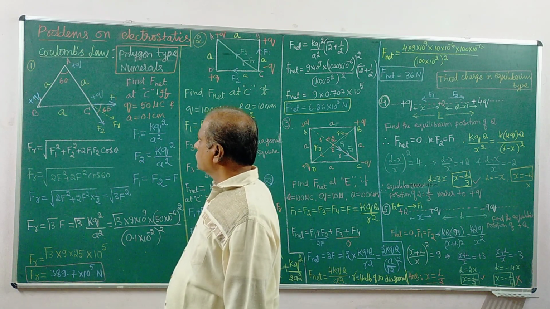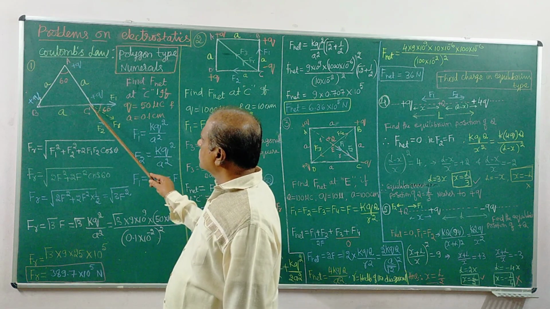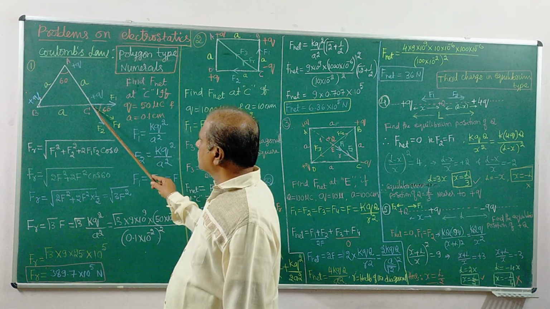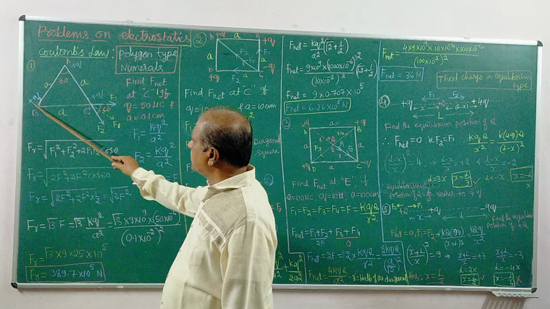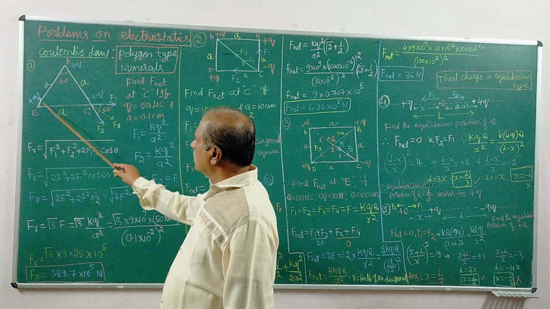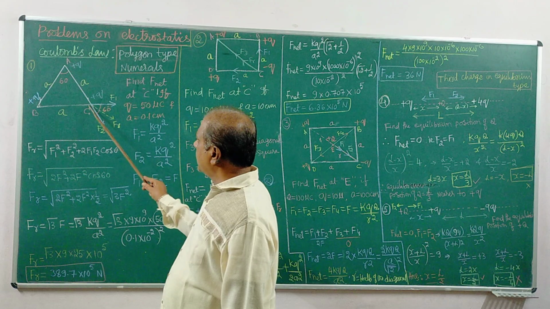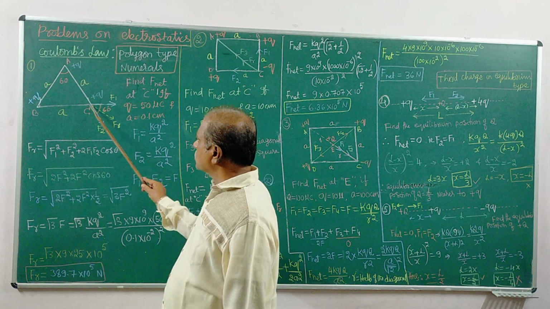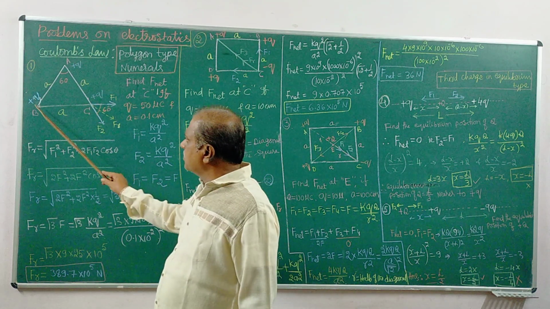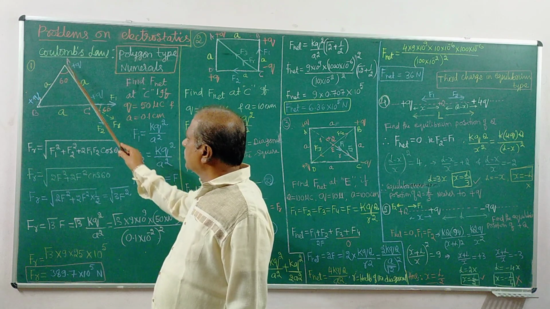And one more force is acting at this charge, by this charge. Again a repulsive force along the line, away from this point. Repulsion between this and this, and repulsion between this and this.